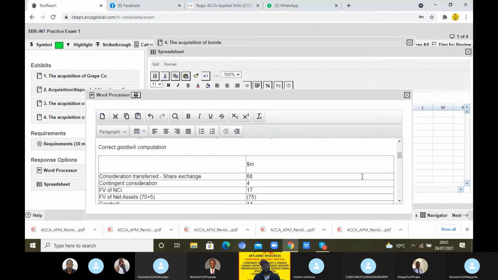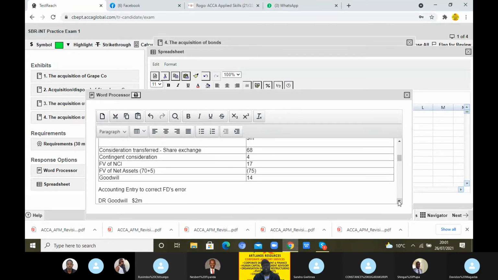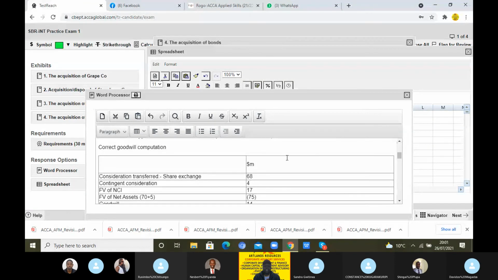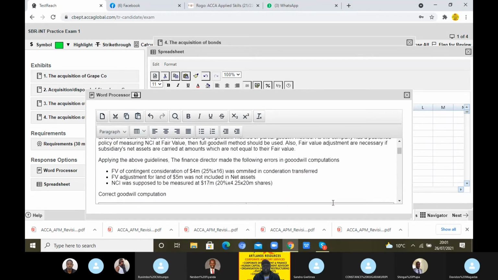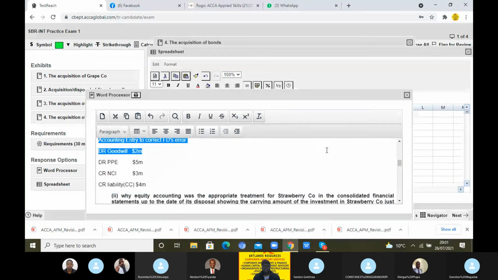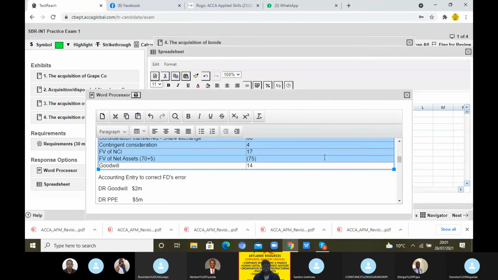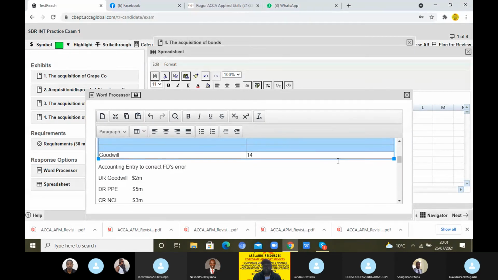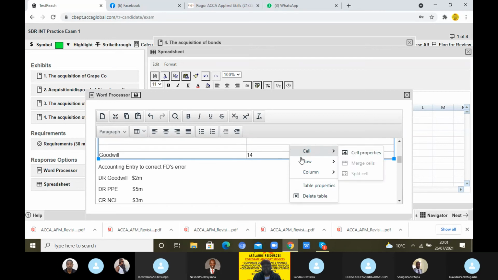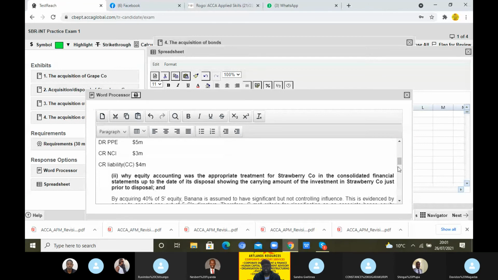So what I can simply do is, because they said you can show your answer as in appendix, I highlight like this. This answer will not be there, so I delete it. Click delete table. The table is no longer there.